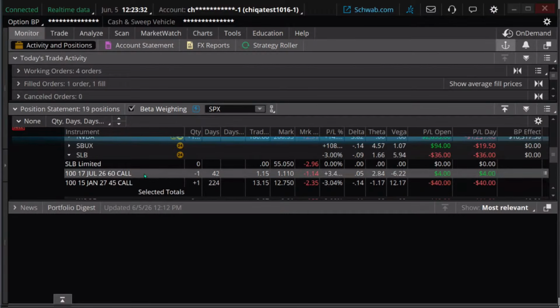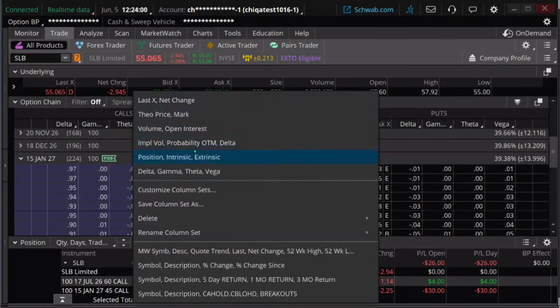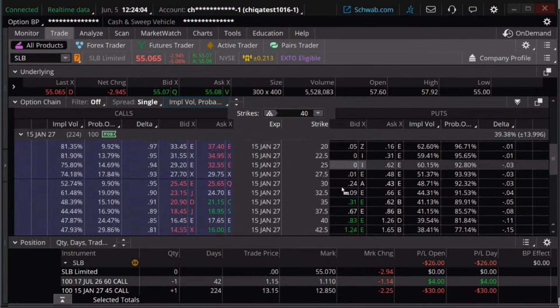Keep in mind, you can look at individual implied volatilities on these contracts and see where they are, because they're not always going to be the same. You can do that by going to Trade, going up here, and clicking on implied volatility, and you can see the implied volatilities on the individual contracts.